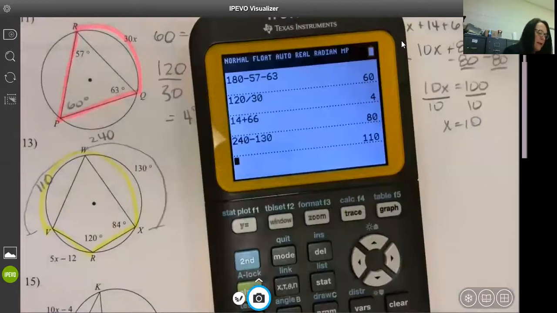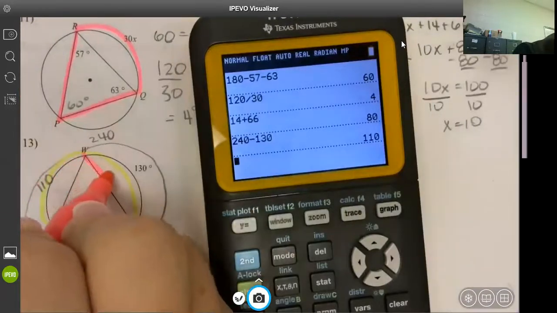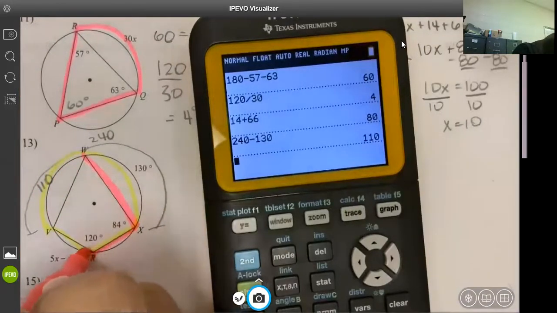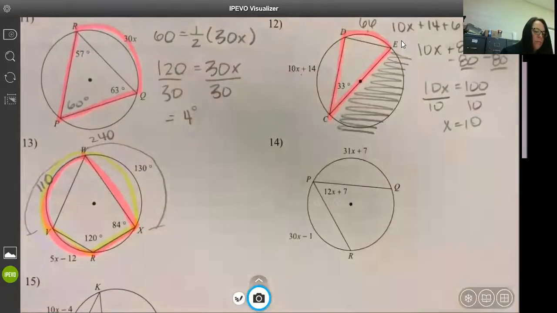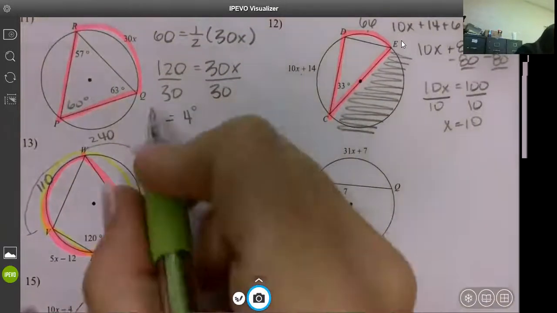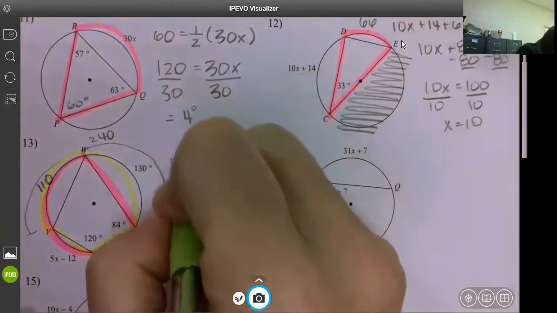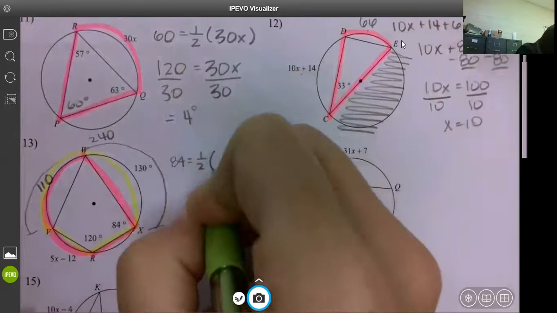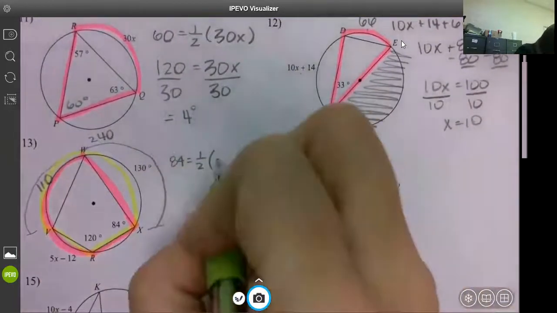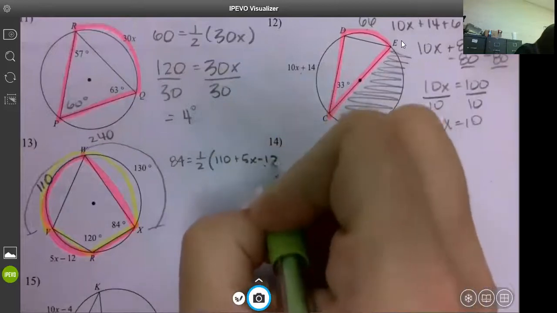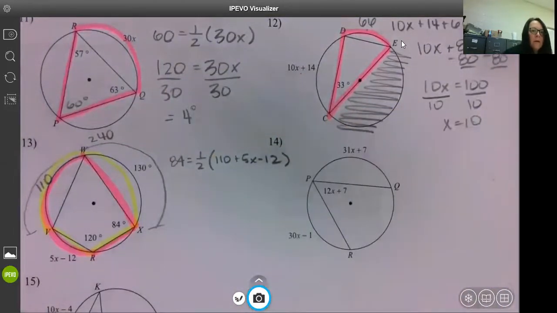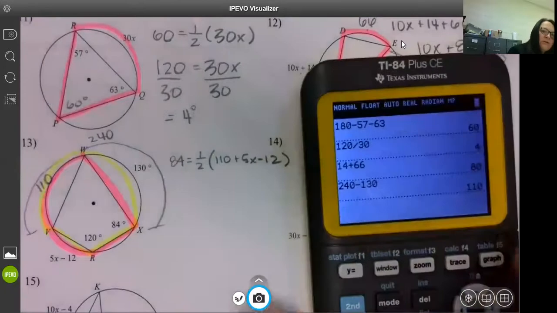And then you can use your 84. Okay. So here's how this works. Remember your angle, 84 equals half of your arc, and we want the total arc. So we're going to do 110 plus 5x minus 12. We're going to multiply the other side by 2.